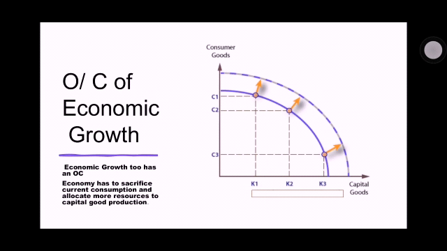Now if you were the leader of your country, what would you decide? The answer to that question is point C3, K3. Why? Because you are allocating more of your resources in order to produce capital goods, whilst, here comes the opportunity cost, sacrificing a certain amount of consumer goods.